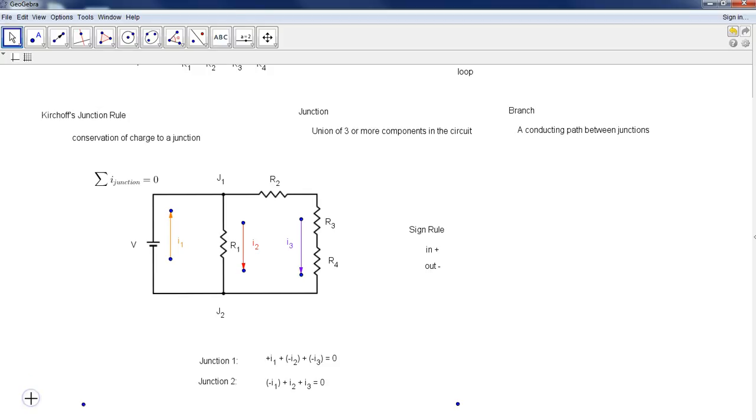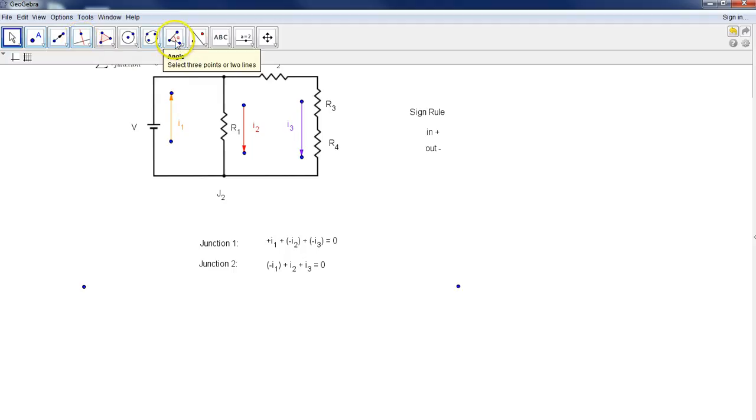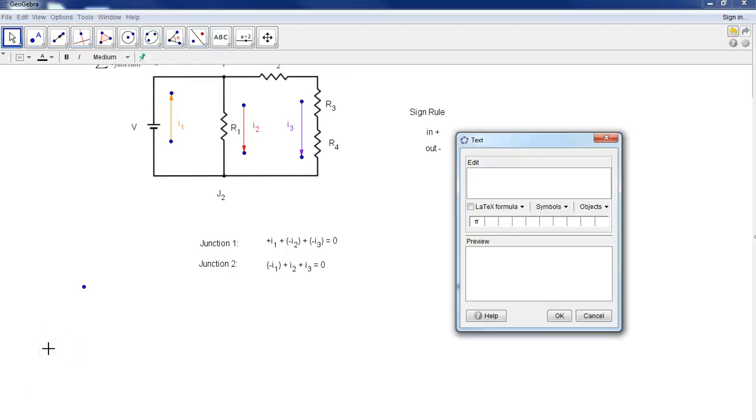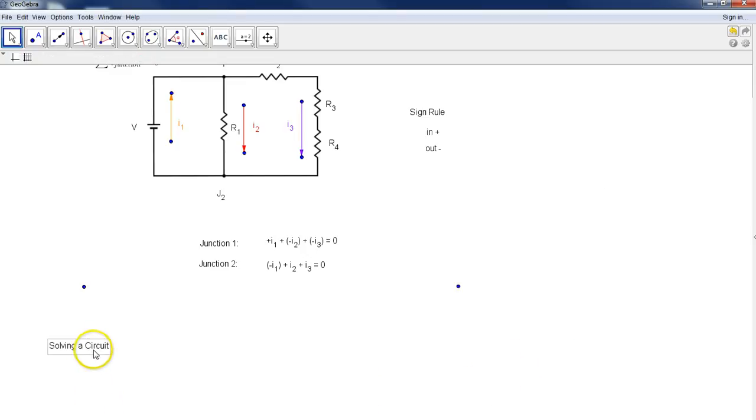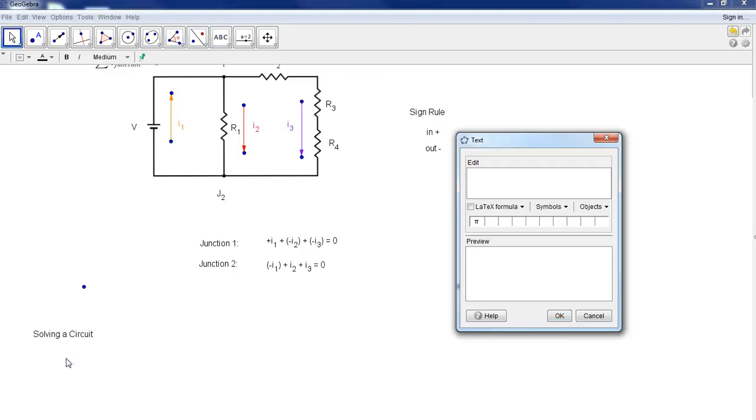What I mean by solve a circuit: solving a circuit means to calculate the voltage, current, power, and resistance of each circuit component.